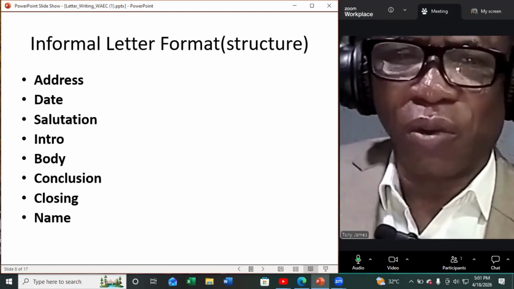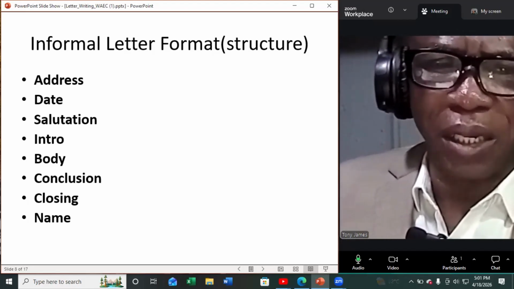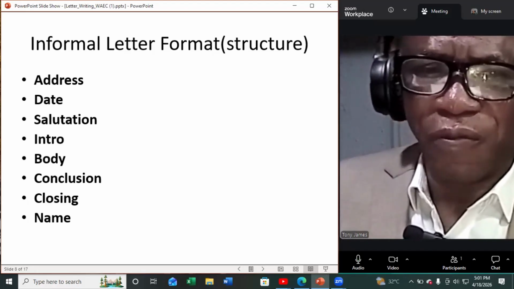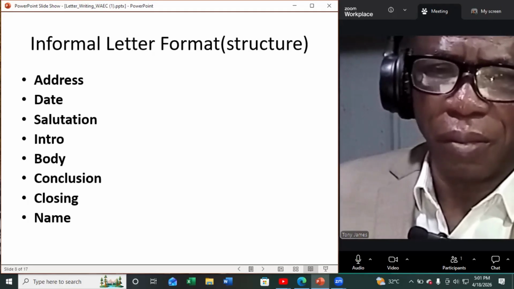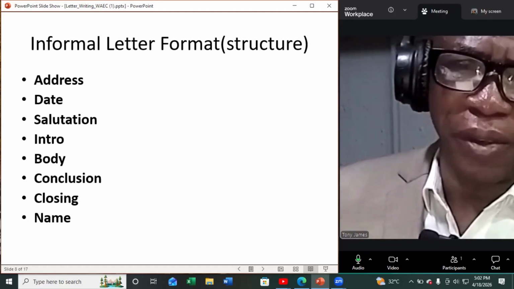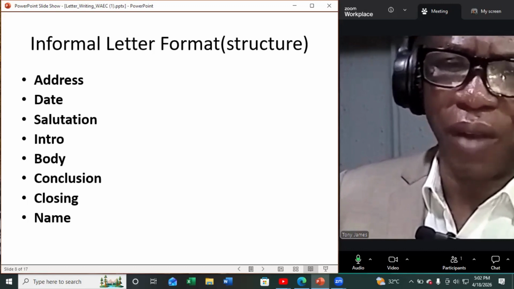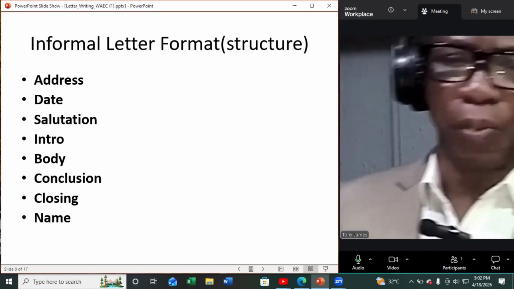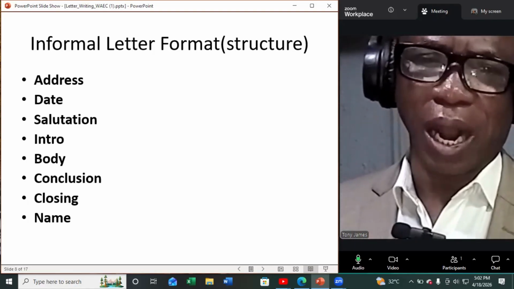The introduction is always the first paragraph of the informal letter, and you have to ensure that this introduction is written in a paragraph. Students should do well to check my video on paragraphing to learn how to write in paragraph and everything you need to know about paragraphing, because paragraphing is very important to students, both in essay and in letter writing.